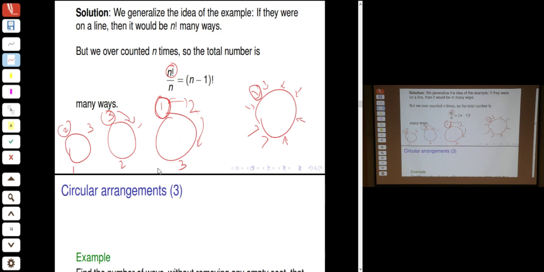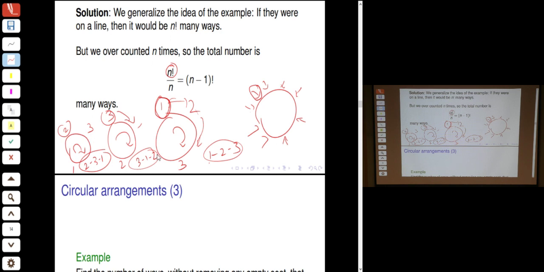But notice that the corresponding linear arrangement would be 1, 2, 3 for this one, 3, 1, 2 for the next one, and 2, 3, 1 for the third one. So these are different linear arrangements, but the circular arrangement is the same because these three are merely clockwise rotations of the same circular arrangement.